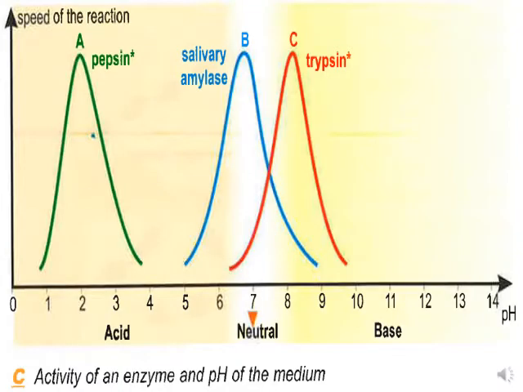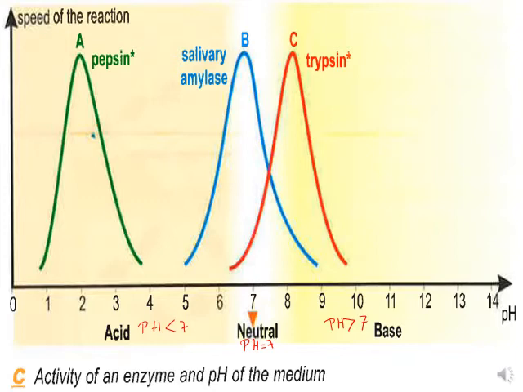Let's move now to figure C about the activity of the enzyme and the pH in the medium. We know that neutral pH is equal to 7. Acidic pH is less than 7. And basic pH is greater than 7. So here we have pepsin.